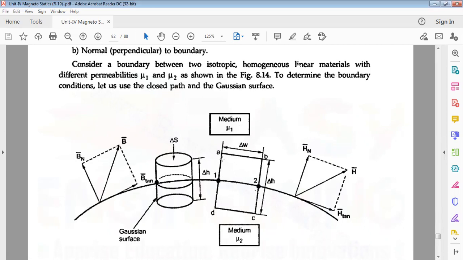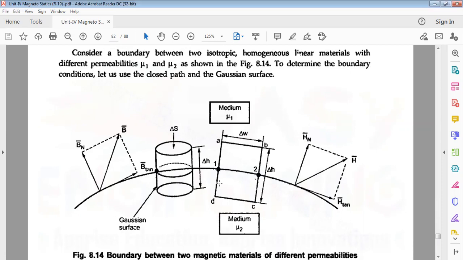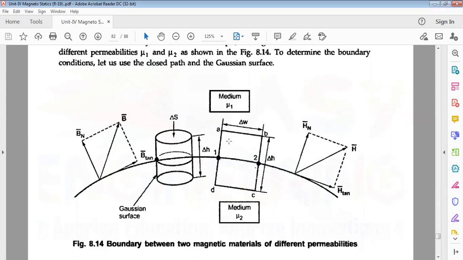Consider a rectangle, as we used to find the tangential component of the electric field also. Half of the rectangle is in medium 2 and half is in medium 1. A to B is the width, delta w. B to C has a half part of delta h by 2 and another delta h by 2, so the total height of BC is delta h, in the downward direction.